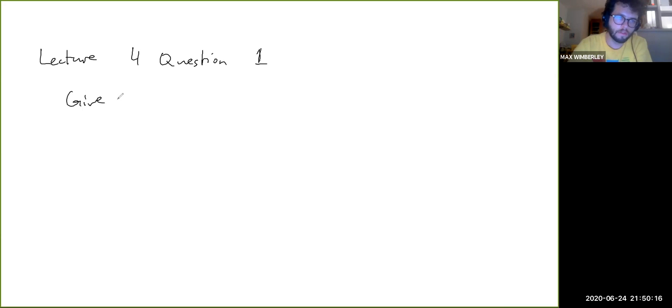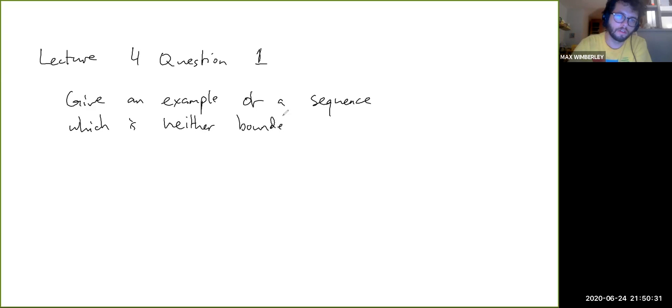Give an example of a sequence which is neither bounded above nor below, okay? A sequence which is unbounded in both directions. So pause, think about that for a sec, submit it on the homework.